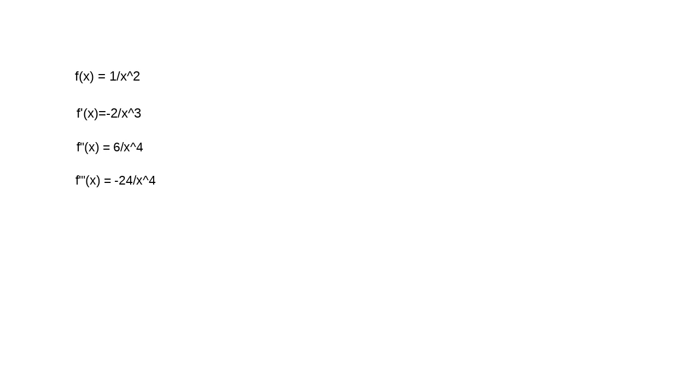So f of 1 equals 1. f prime of 1 equals -2. f double prime of 1 equals 6. f triple prime of 1 equals -24. Right.